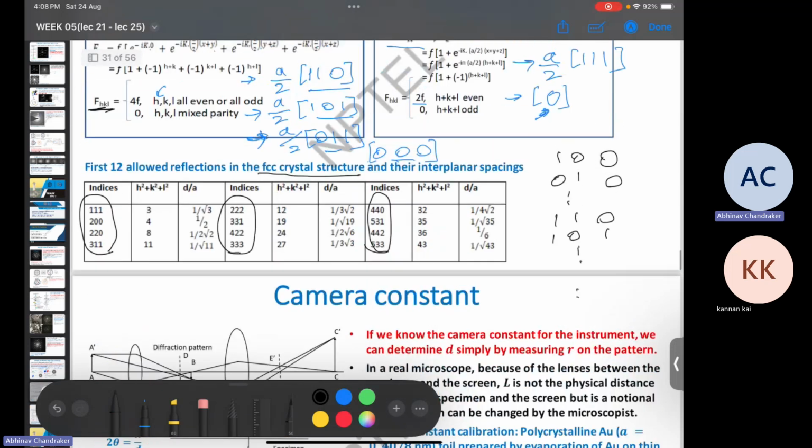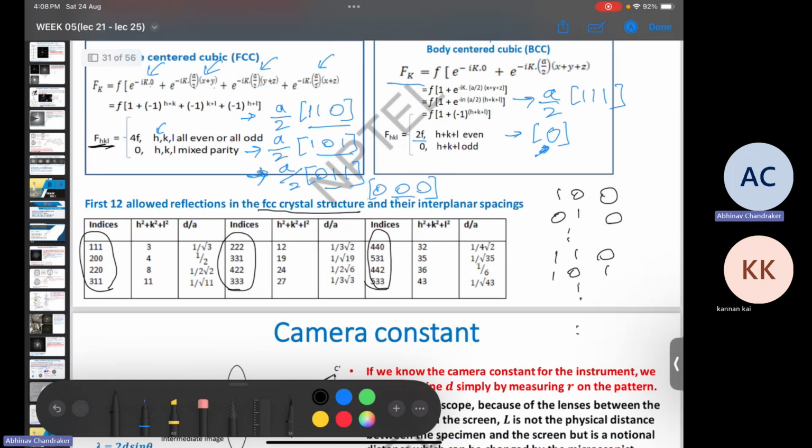In case of BCC, this set of planes will be different because here the condition is h plus k plus l should be even. So we'll start with 110, then we'll go to 101 and so on. Then we'll go to 200.